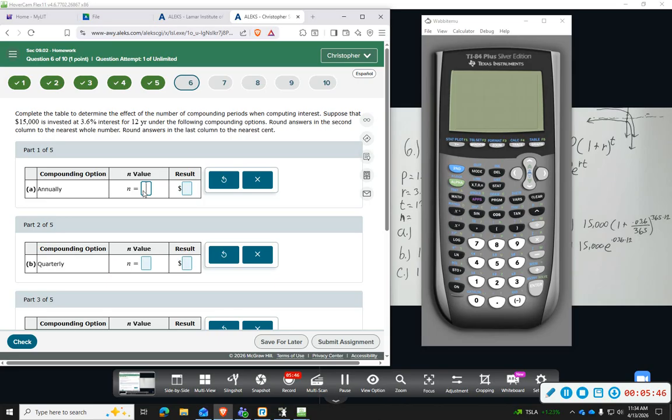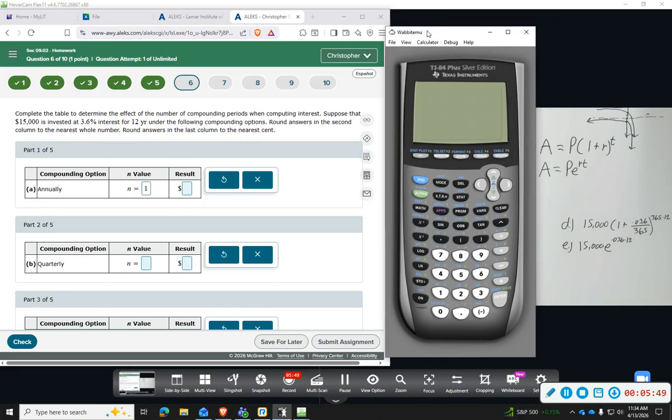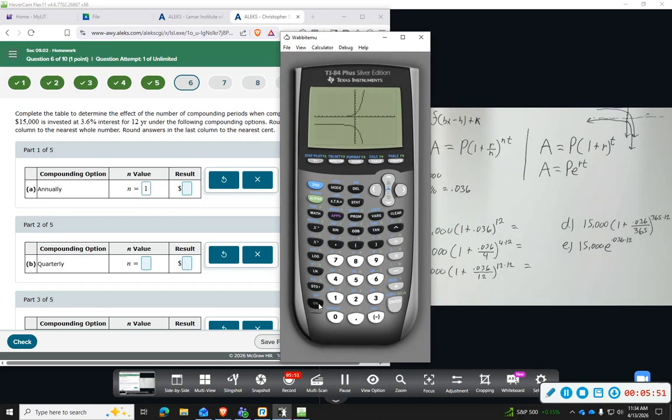Annually, N is 1, okay, and then we're going to do our result. 15,000 times 1 plus 0.036.